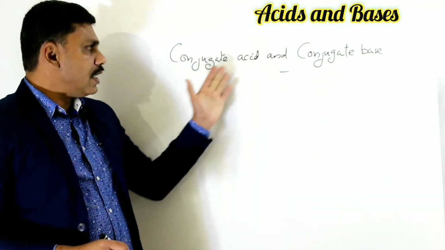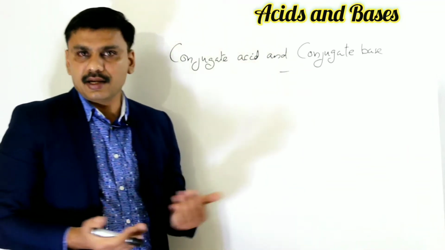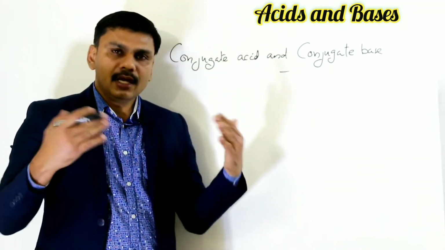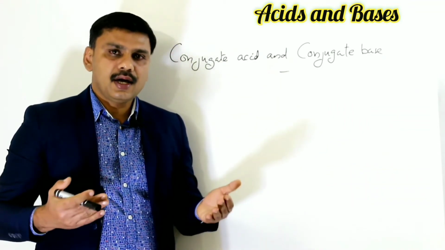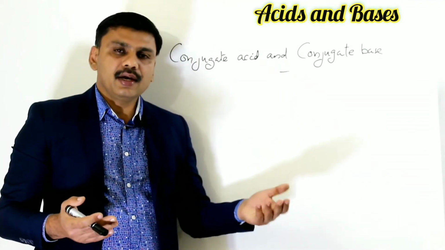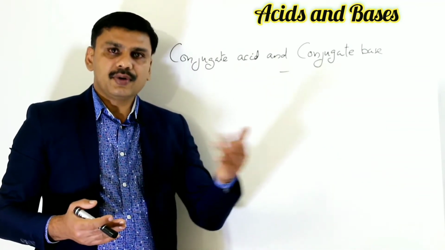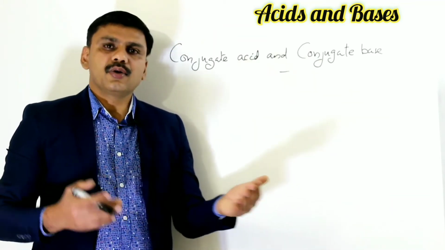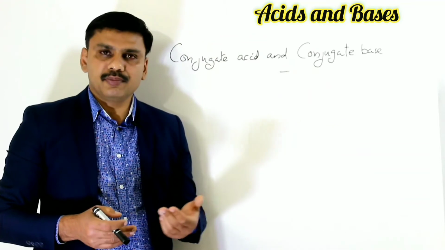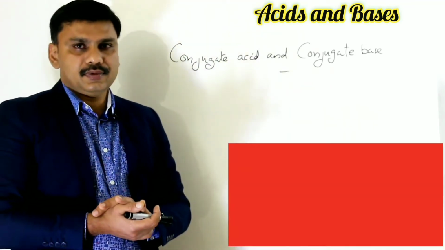So conjugate acid and conjugate base form from acid and base. In many of the questions, they give a chemical equation and ask you to find out the conjugate acid and conjugate base, or write the conjugate acid and conjugate base corresponding to a chemical reaction. So they are very simple.